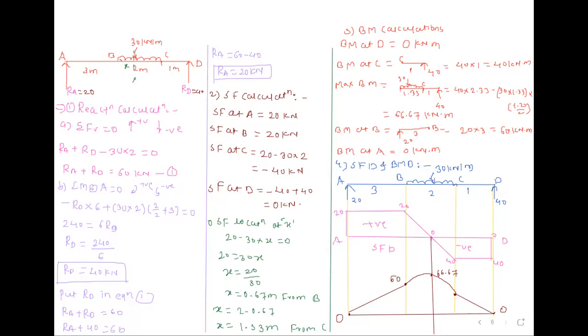So this is the bending moment diagram. The whole diagram is positive. This is A point, this is D point.